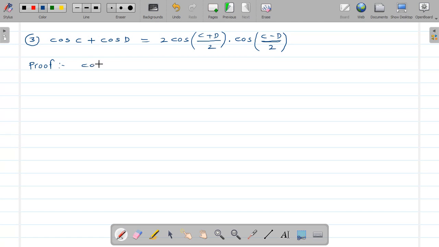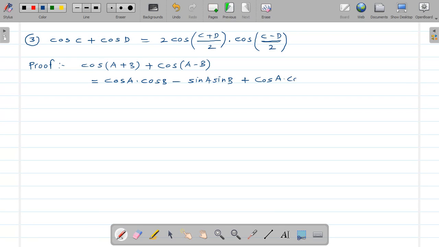For that we will add two formulae, that is cos(a plus b) plus cos(a minus b). If you add the compound angle formula for cos ratio like this, cos(a plus b) means cos a into cos b minus sin a into sin b. See the formula of cos(a plus b), plus the formula of cos(a minus b) is what?